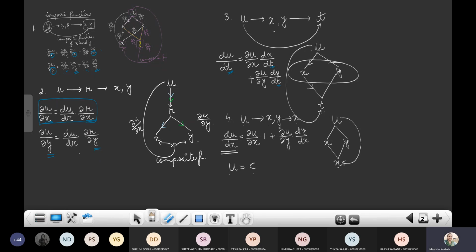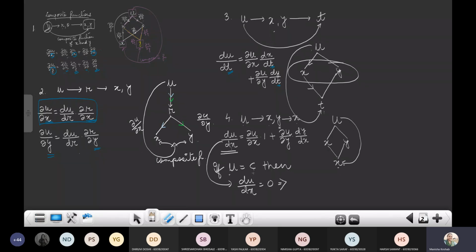In this case, what we will get? du dx will be equal to 0 because you are differentiating both sides with respect to x, and because u is constant, du dx is equal to 0. So if u is equal to c, we will get du dx is equal to 0.